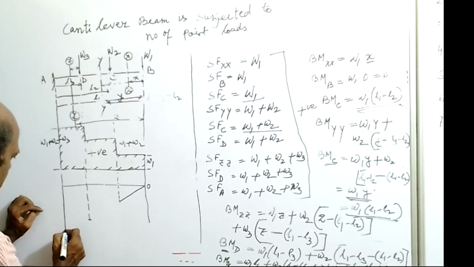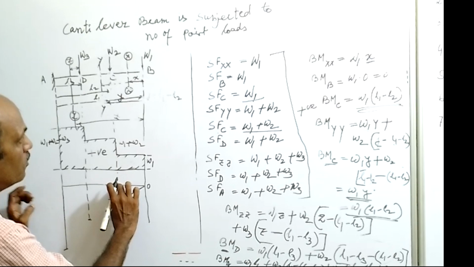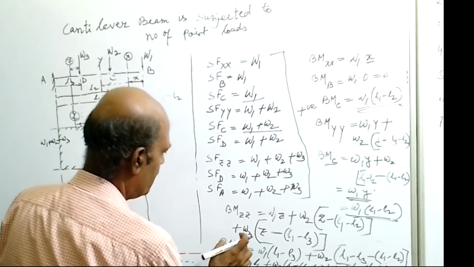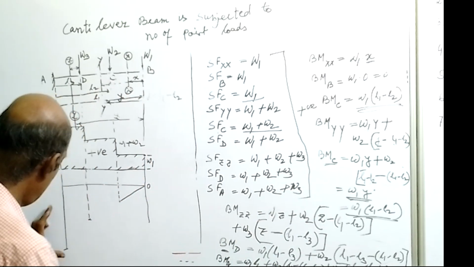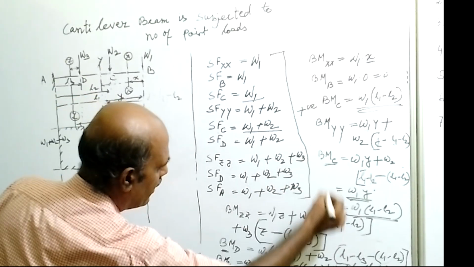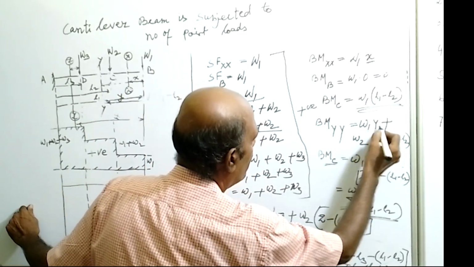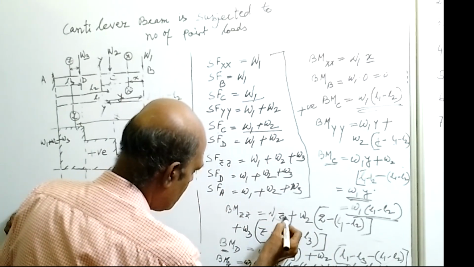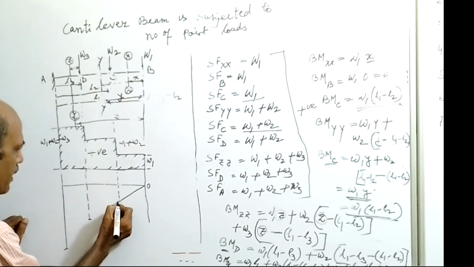So with the same scale, you just mark here, say this is the point we are getting. So this value will be equal to the bending moment at point C, this value will be equal to the bending moment at point D, and this value will be equal to bending moment at point A. Now all the variations: the first variation with X, the second variation with Y, linear variation, and the third variation with Z. In this equation Z is there, so linear variation, that means straight line variation.